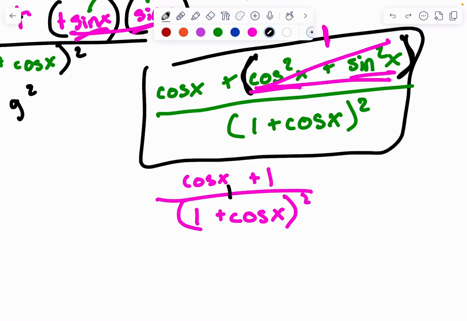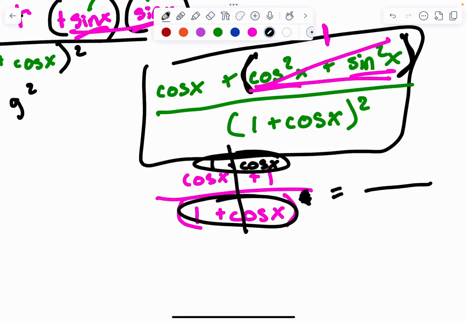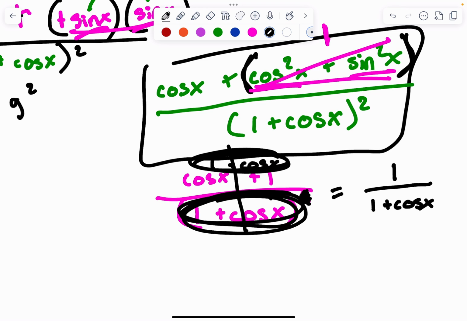This top part, 1 plus cosine x, is the same as one of these. So I can cancel them to leave only 1 on the bottom. What's left on top? Nothing, so I put a 1 there, and I still have one of these 1 plus cosine x's remaining. So I cancel this with one of these, and this is my final answer.